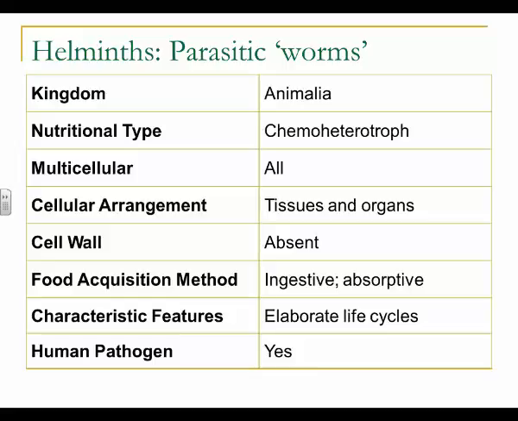They can have very complex life cycles, both outside of humans, with an intermediate host, for example snails or other organisms, and then have us as humans as a host. So complex life cycles that can sometimes be human pathogens.